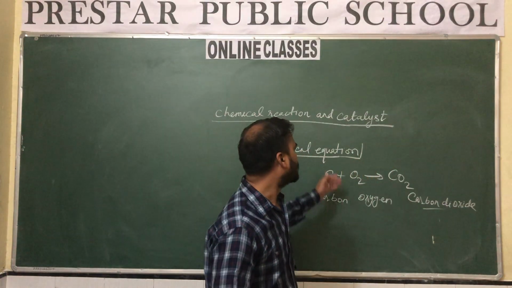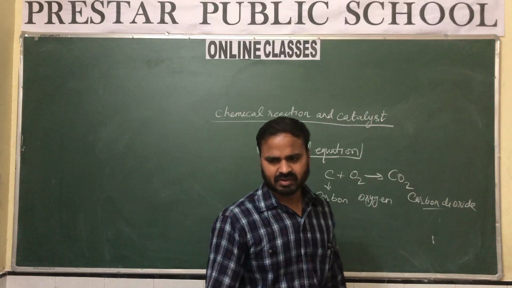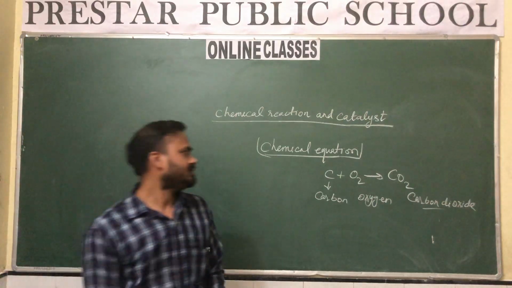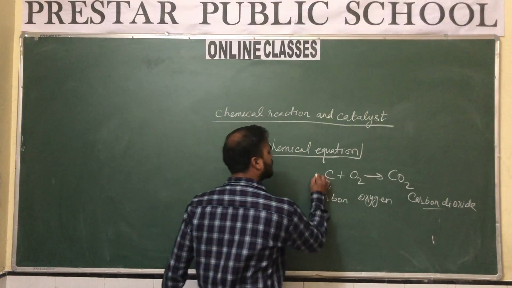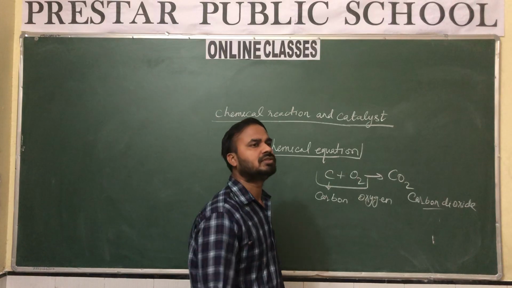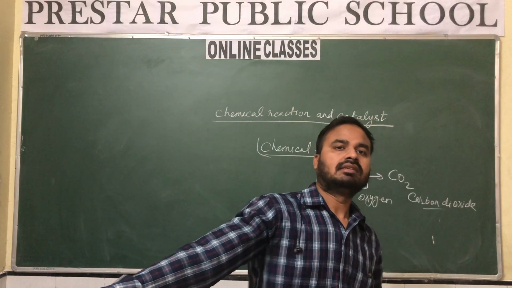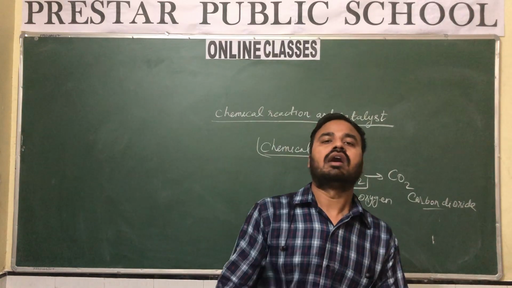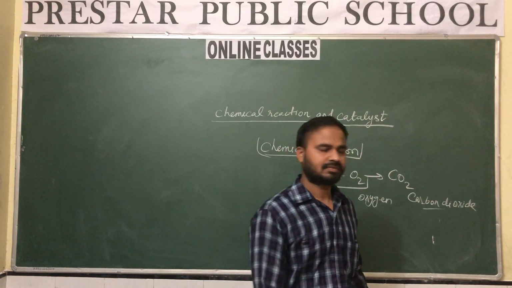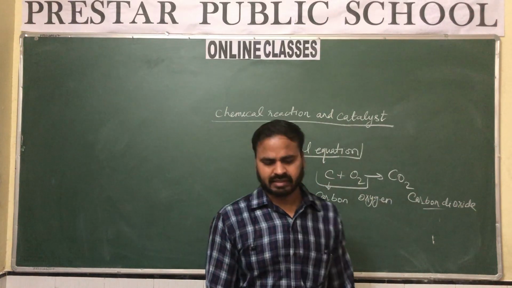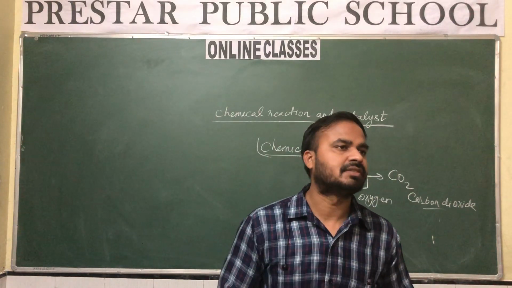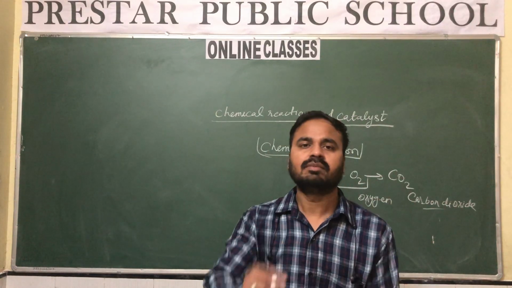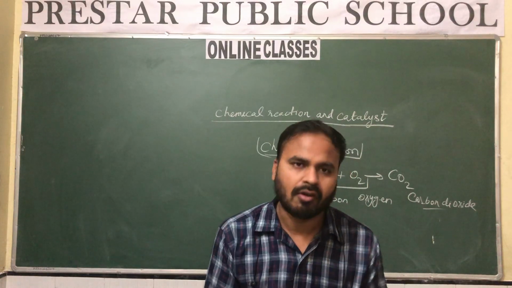Then I told some of the rules, some of the properties of a chemical equation. What are these properties? First, the compounds, molecules, atoms which are taking part are called reactants. And when a new substance is formed, these are called products. If more than one product is formed, then product and byproducts are formed.